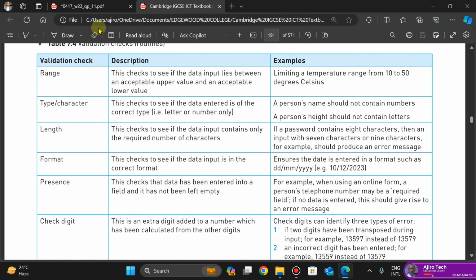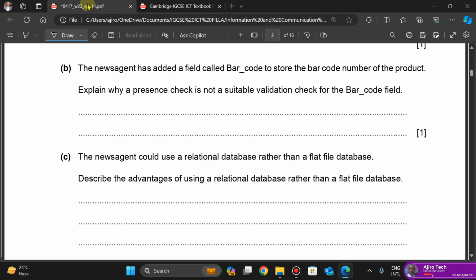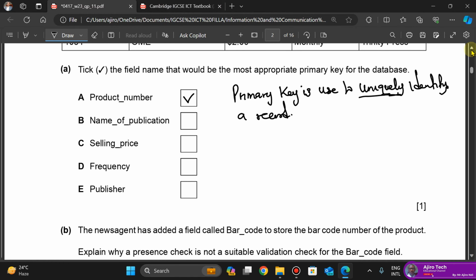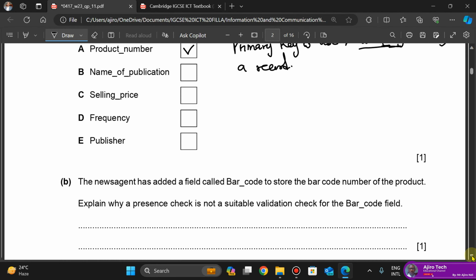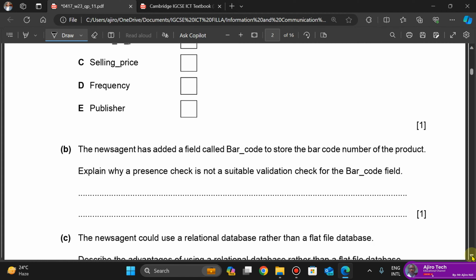This is why it's not suitable, because if we're taking that, every barcode has to be present. They say we should explain why it is not suitable. The present check happens for every field. By default it happens for every field, so it's not really a suitable way of validating the barcode.